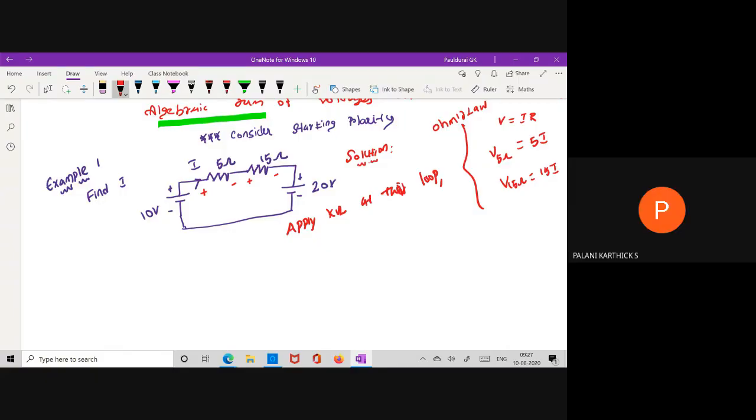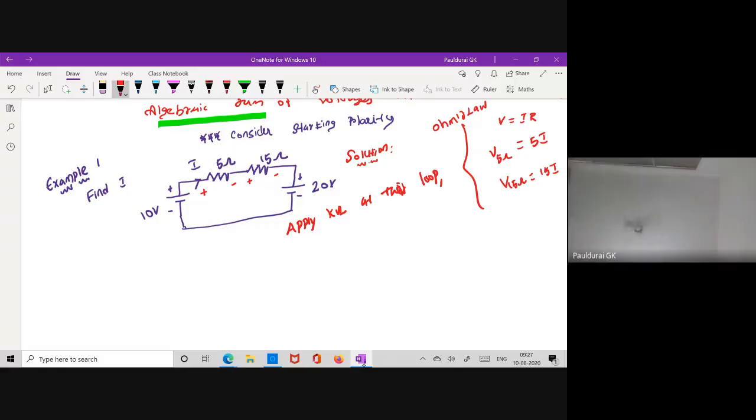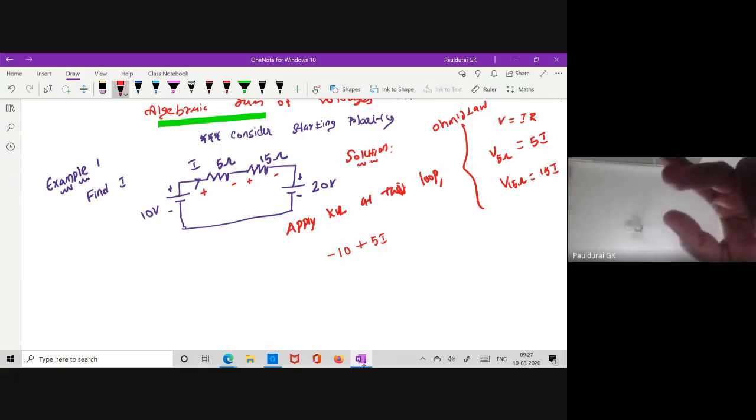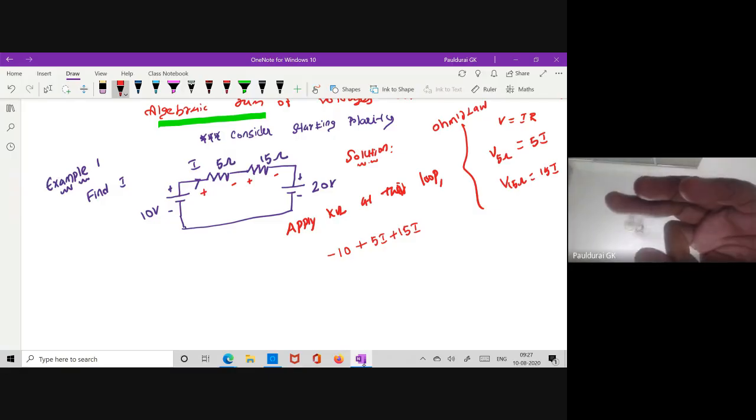Sir, minus V1 plus V2 plus V3 plus V4. Minus 2 plus 10 volts, so it becomes minus 10. Then plus, what is the voltage across 5 ohm? 5I. It is plus 2 minus, so it is plus. Similarly, the voltage across 15 ohm is 15I, also plus 2 minus, so plus 15I. Then the voltage 20 volt is plus 2 minus, so plus 20, which is equal to 0.